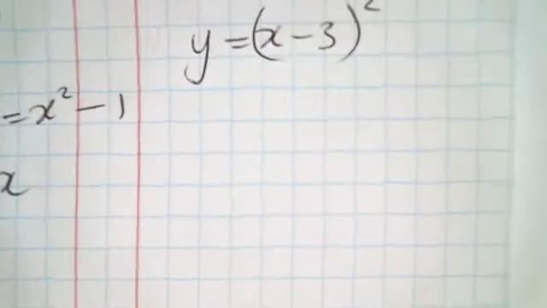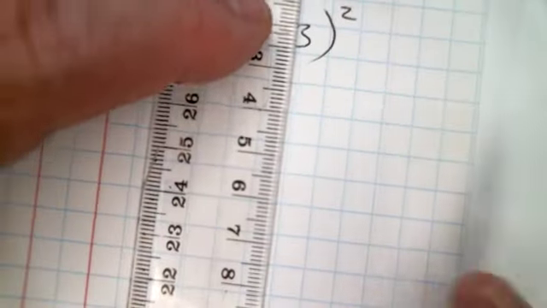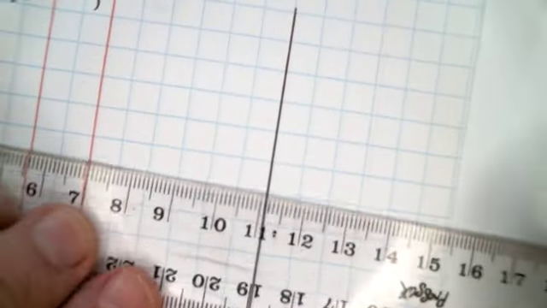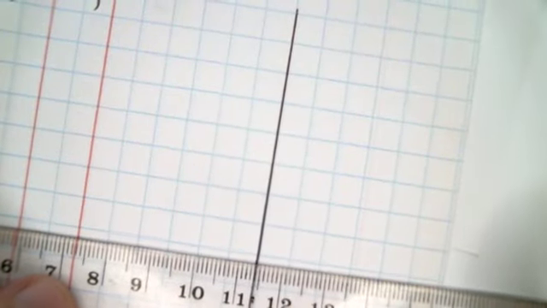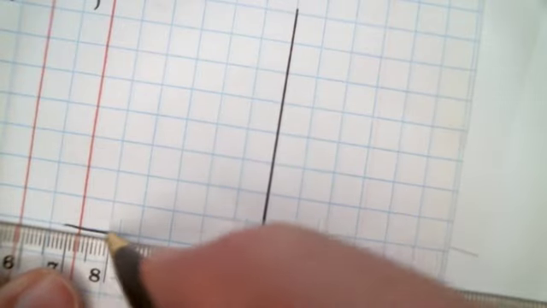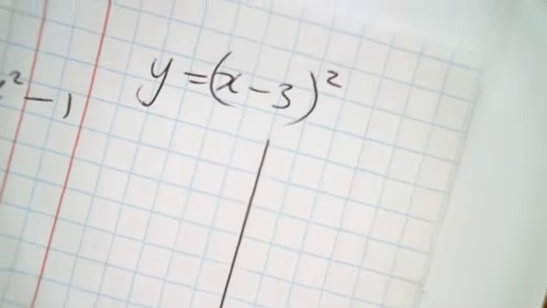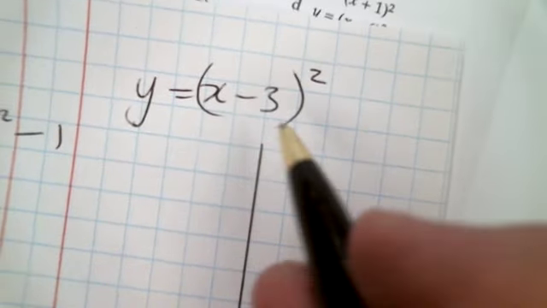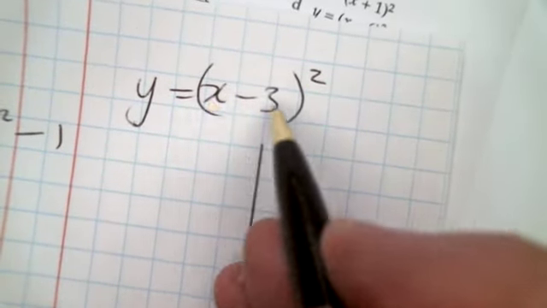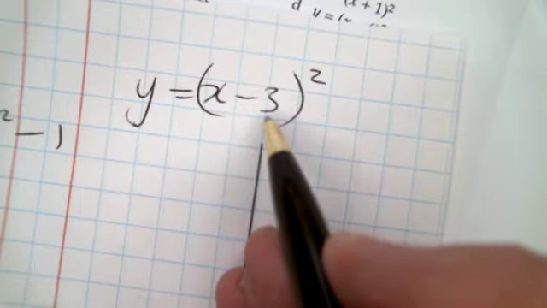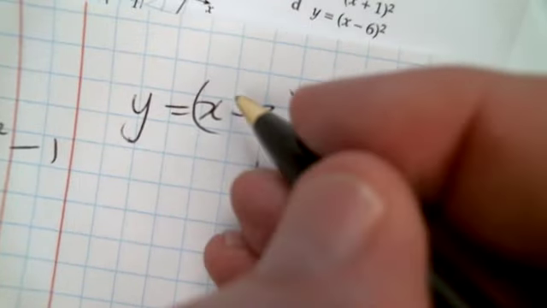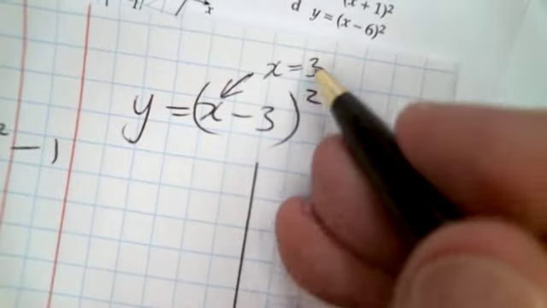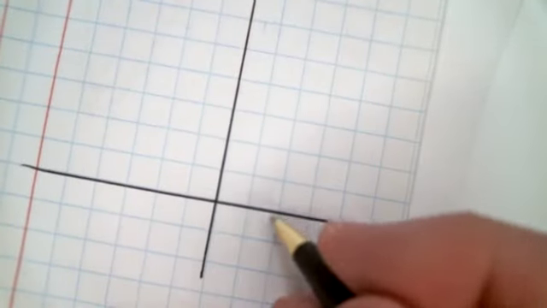So let's draw this now. Here we go, nice and straightforward. So here's my graph. So this time it's y equals x minus 3. So the question we ask is, what would x have to be for this thing here to be 0? The answer is x would have to be 3. So this starts at 3. Here it is. 1, 2, 3.